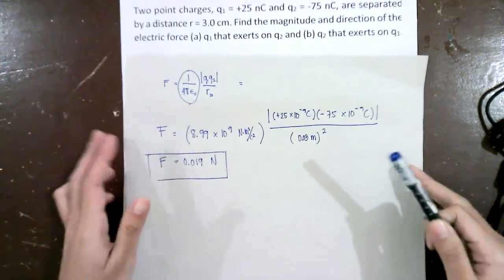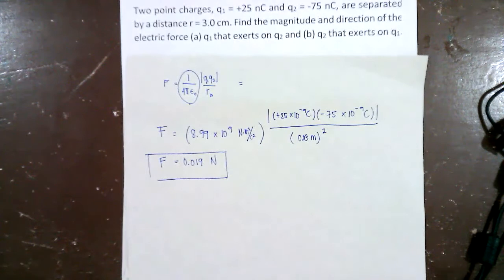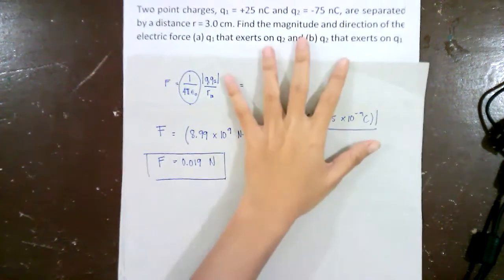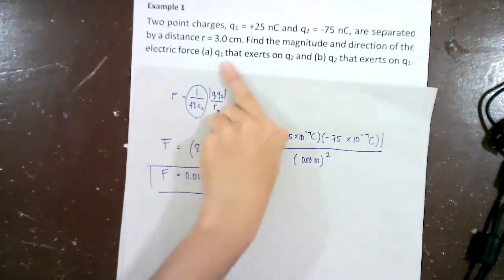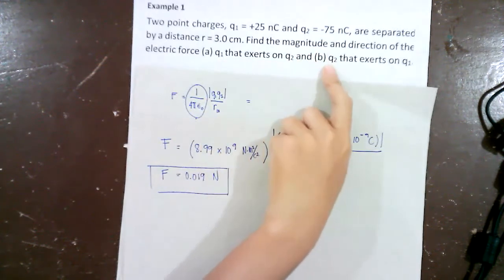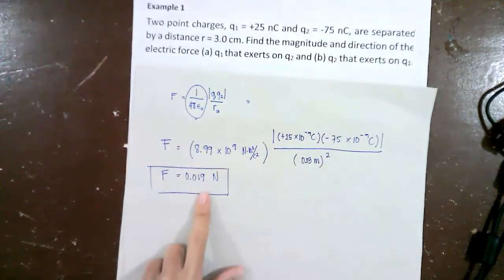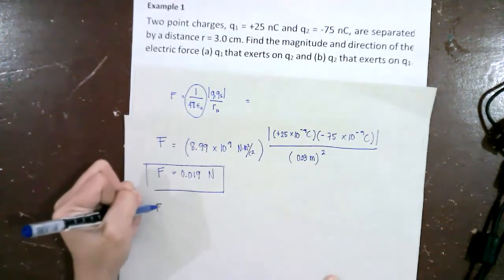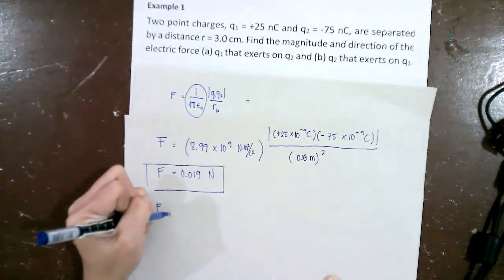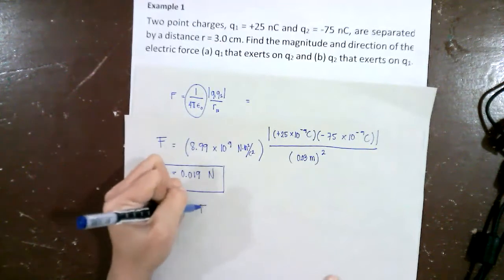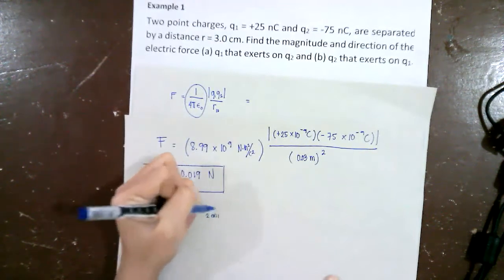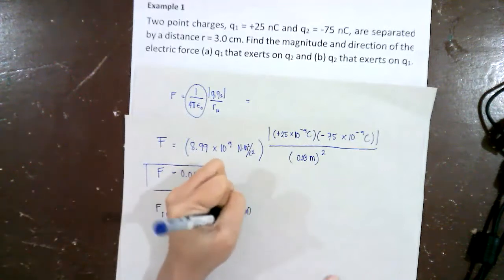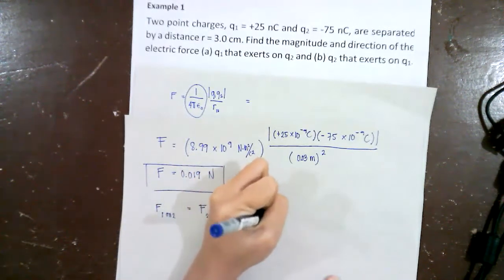So we have here only two forces, Q1 and Q2. Basically, the magnitude of Q1 that exerts on Q2 and Q2 that exerts on Q1 is equivalent. So it is the same. So I will write this, F1 on 2 is equal to F2 on 1, which is the 0.019 newtons.